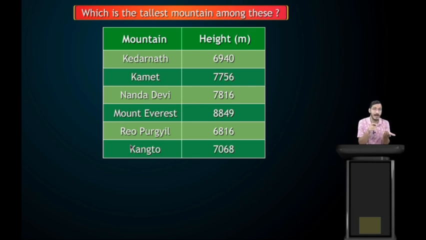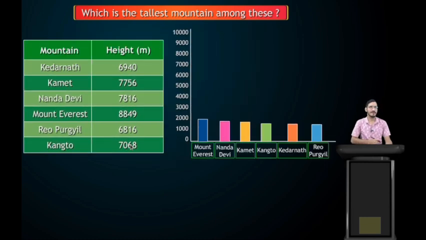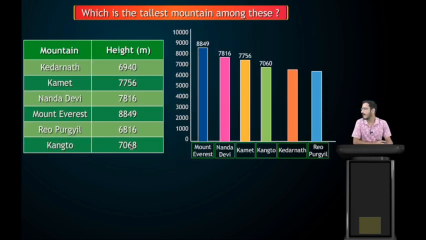Kedarnath 6940; Kamet 7756; Nanda Devi 7816; Mount Everest 8849; Rio Purgil 6816; and Kangto 7068. So which is the tallest mountain? Yes, Mount Everest. The height of Mount Everest is 8849, the highest peak of the world.